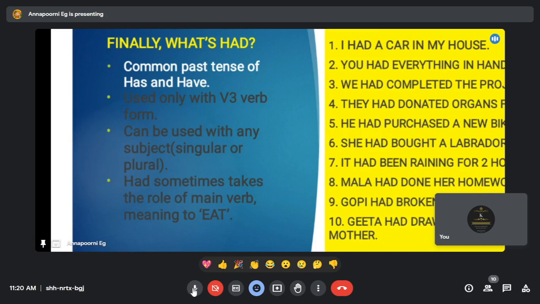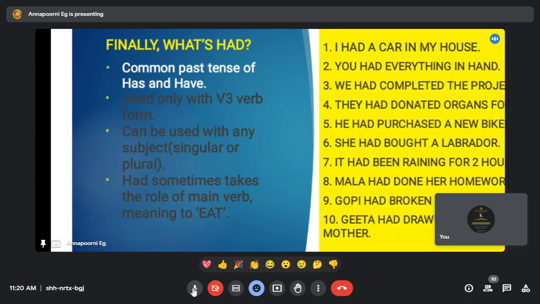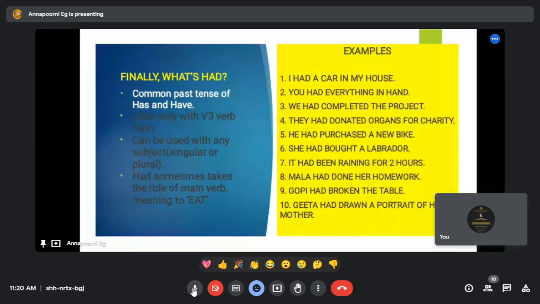Had sometimes takes the role of main verb, for example, to eat. For the time being, you can skip that last point. Just focus on the first 3, because the fourth point is very important and we will be discussing it in the next class.